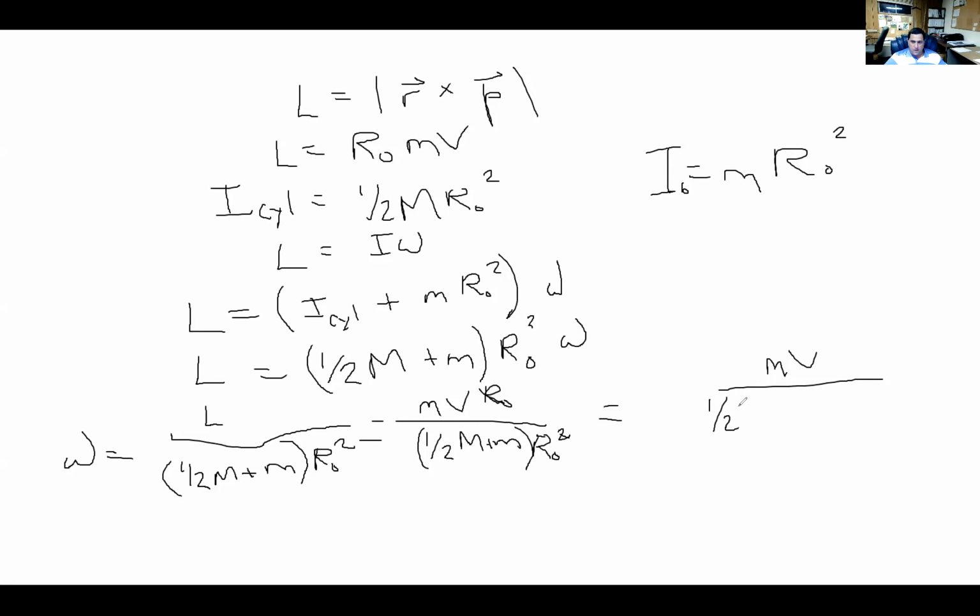So I end up with 1/2 m plus m plus m times r sub 0. So remember this.